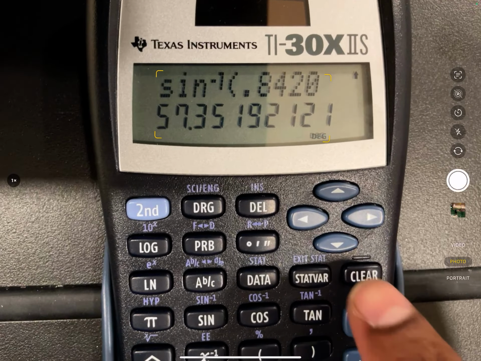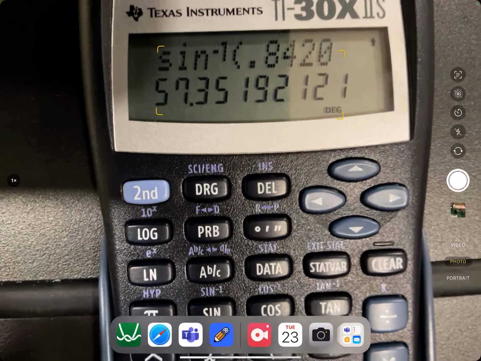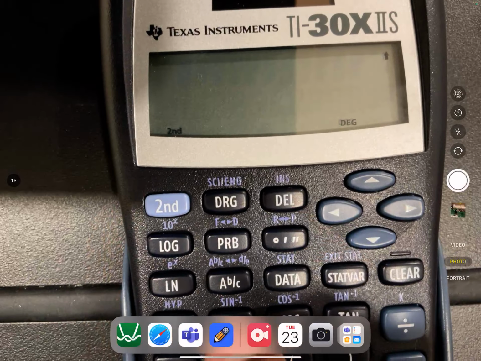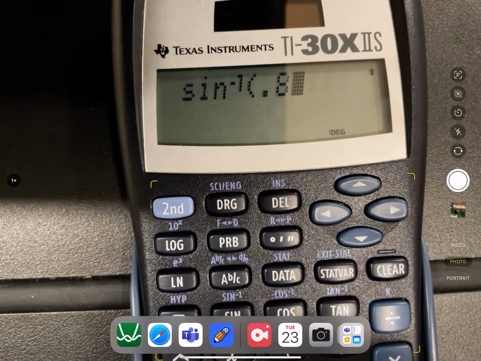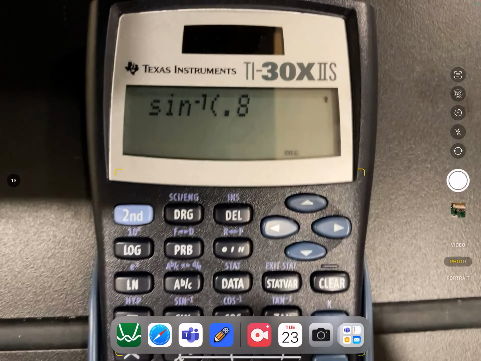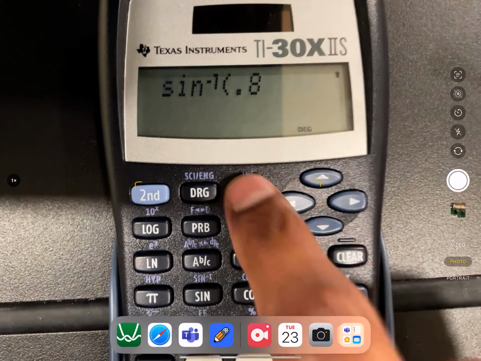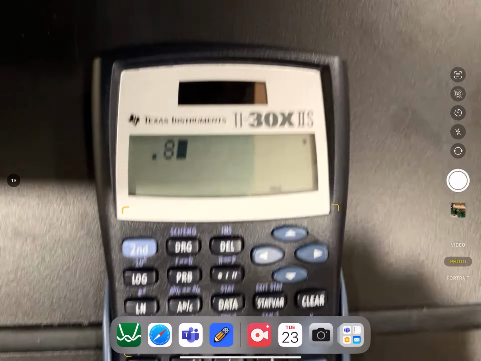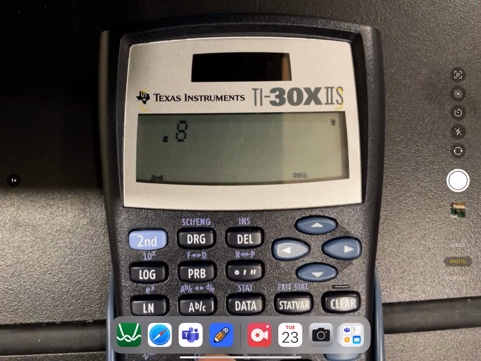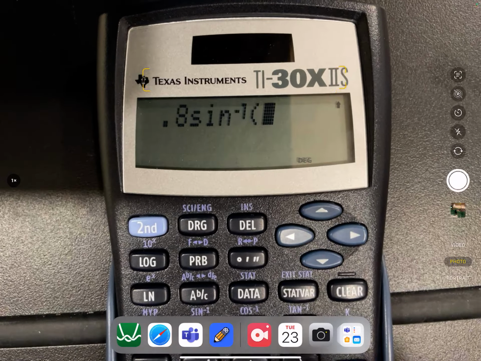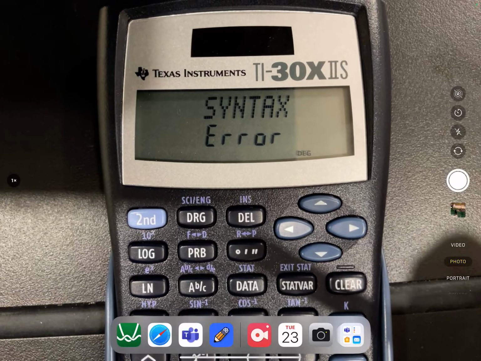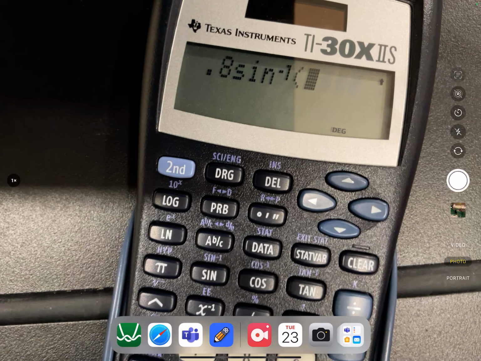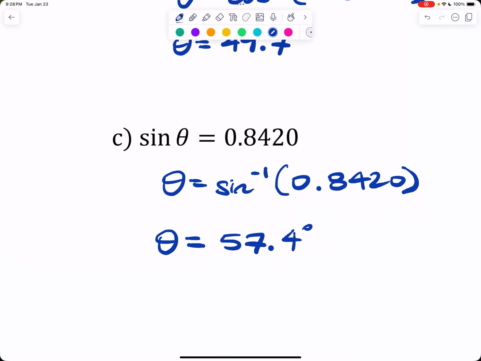If you don't, you might have had to hit the buttons in the opposite order. So instead of hitting second sine of whatever the number was, you might have to type in that 0.8, whatever it was, first, and then hit second sine. I'm not going to do it on this calculator because this calculator is going to say that's wrong. That's not how we write things. But if your calculator does not show you the display, then you are going to have to make that change.